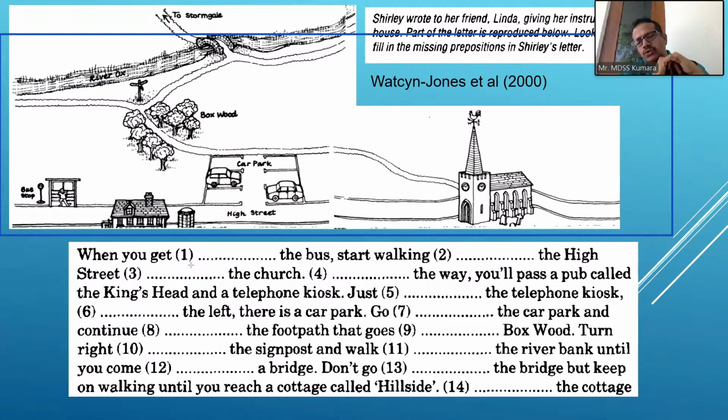Now, for example, when you use something like Google Maps, you get these options: driving directions, public transport, walking directions, cycling directions, and the like. So in Shirley's letter here, what type of directions are given? Is it driving directions or walking directions? Read through the description and tell me.